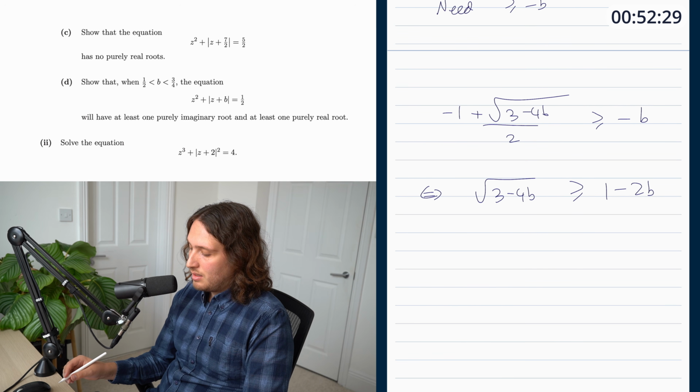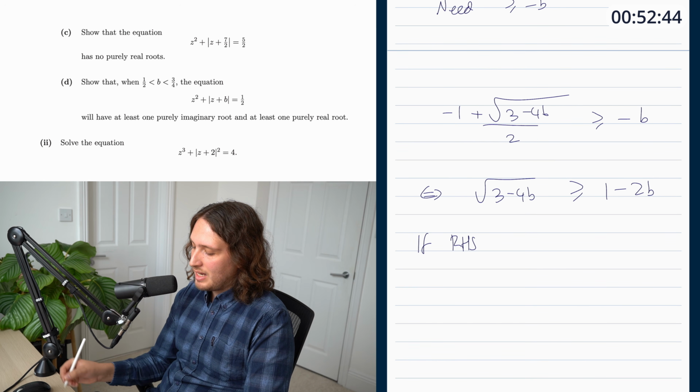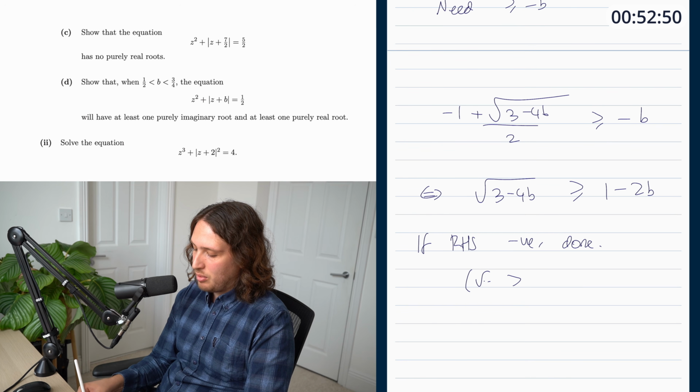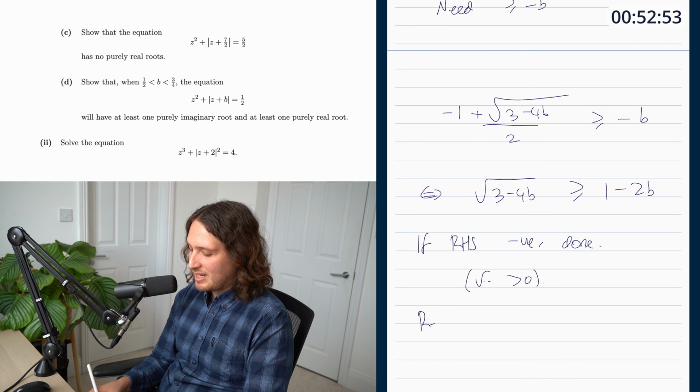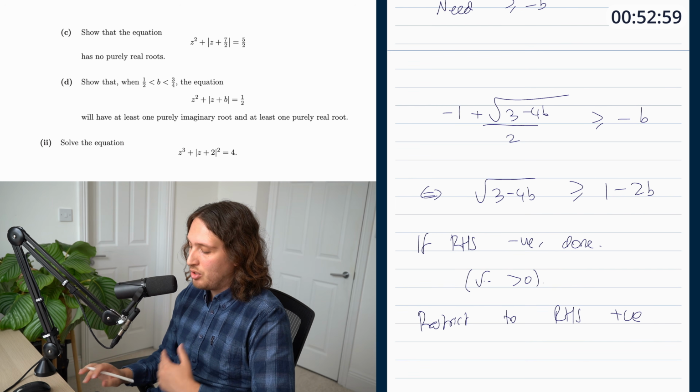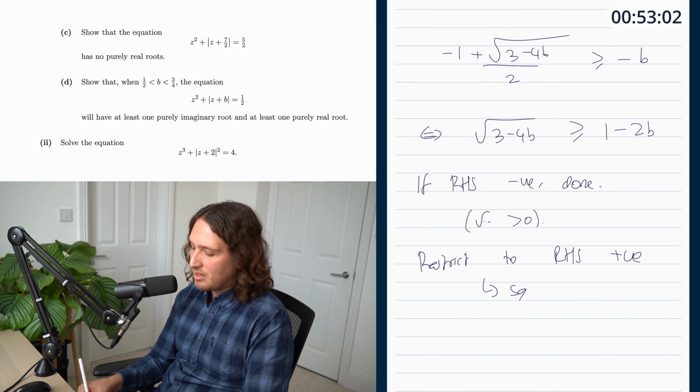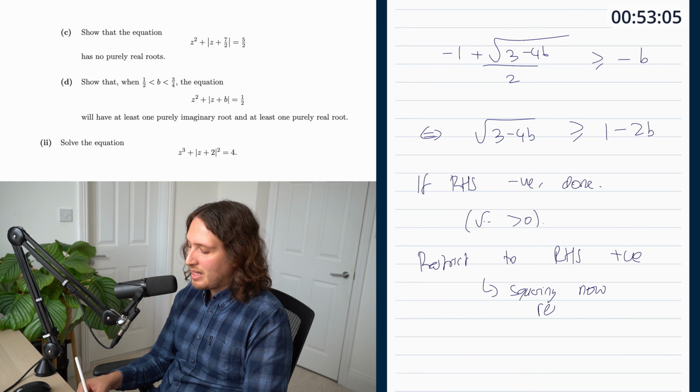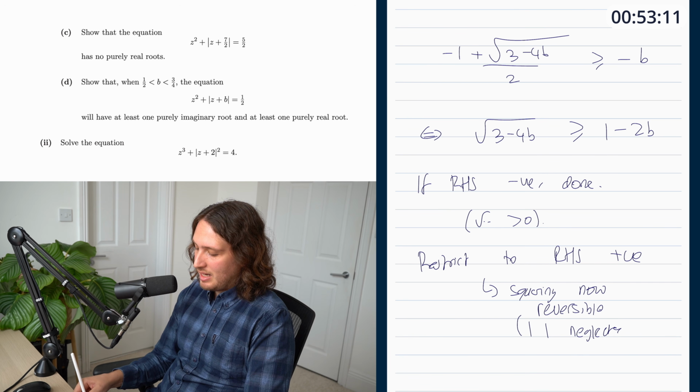So b, is this always true, actually? Because it looks like it could be. I can say, if the right-hand side is negative, we are done, right? Because the square root is always positive. And if I now restrict myself to the right-hand side positive, because that's the only case when I'm not trivially done, this means that squaring is now reversible, because if I went the other way, any modulus can be neglected because its argument is positive.